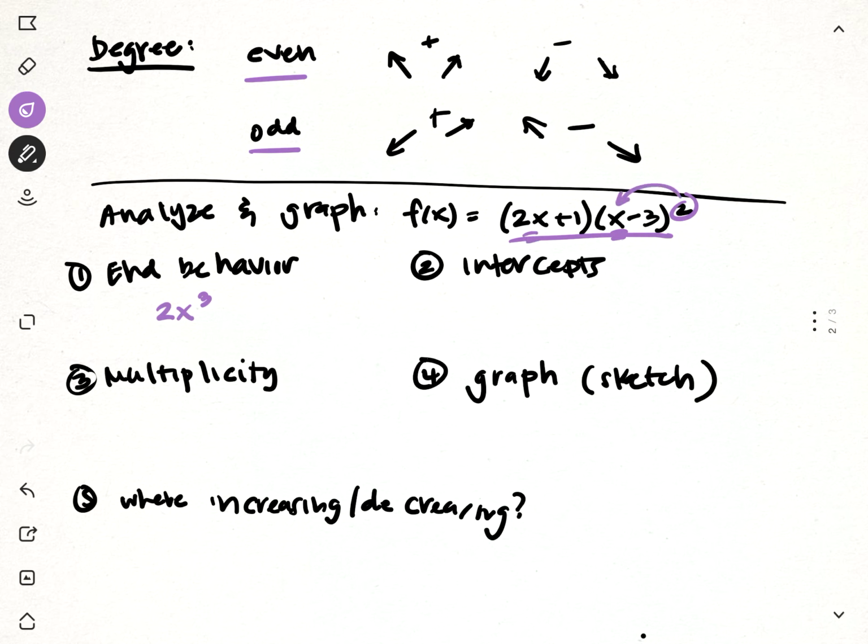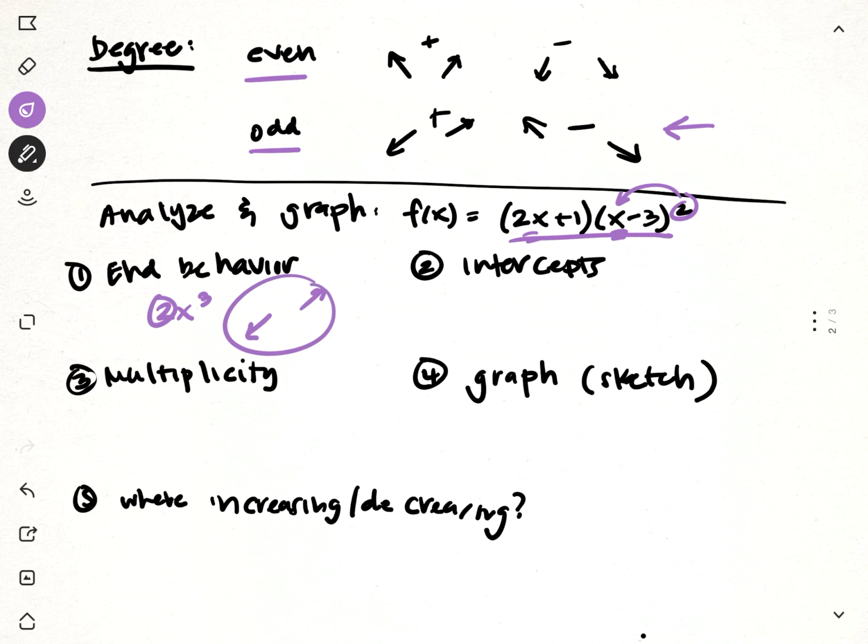So x squared from the right-hand parentheses times 2x gives us 2x cubed. What that tells us is our degree is odd, so our end behavior looks like odd, positive, because our term is positive. If it were negative, it would go in the opposite direction. It'd be decreasing. So we're just going to draw our end behavior here.